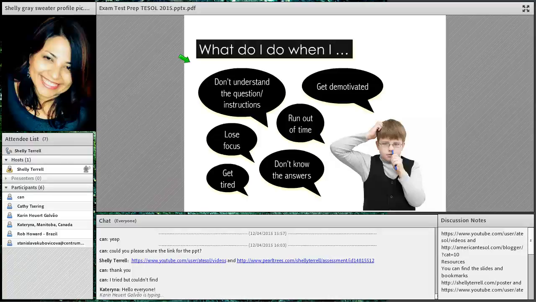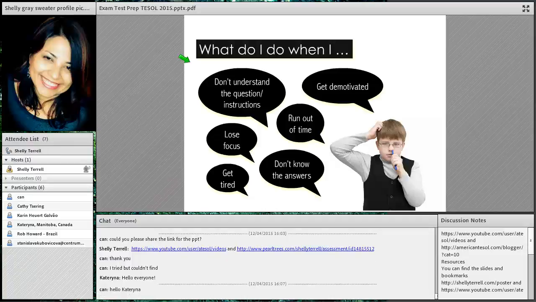And a lot of times with standardized tests, the question itself can be very confusing, and that can throw them off. So what to do when they don't know, when they're demotivated. Some of these tests last hours and hours. I remember when I used to take some of my standardized tests, it would be the entire day. And so the brain kind of gets really tired, and some students can't handle that.